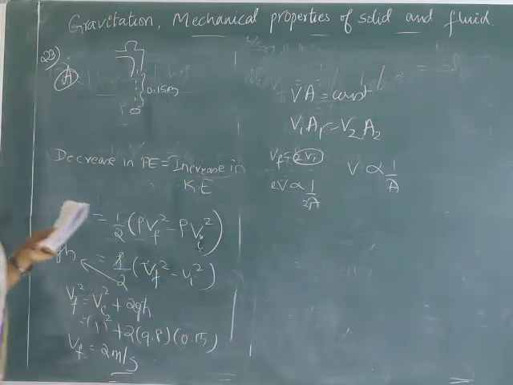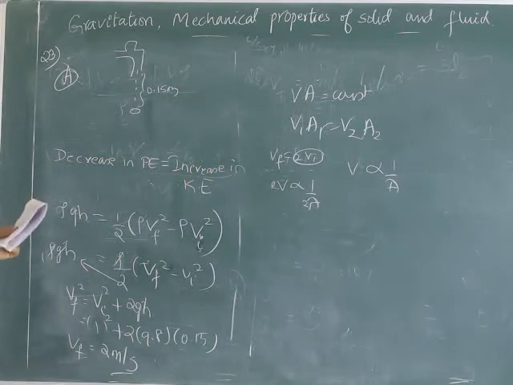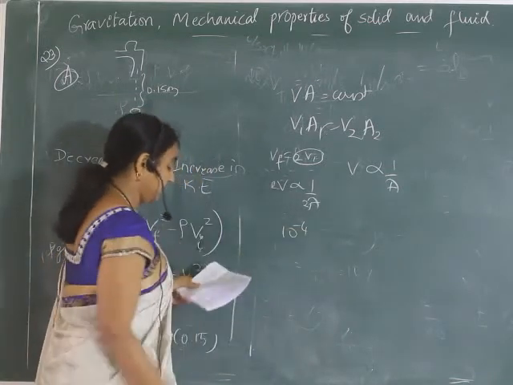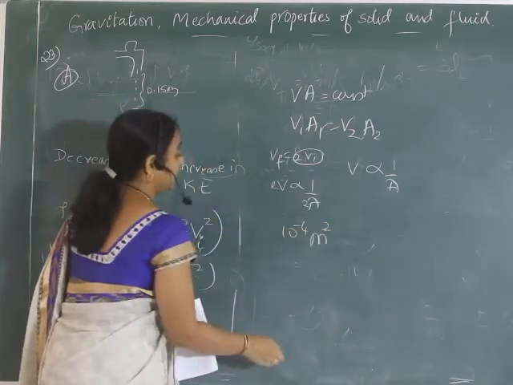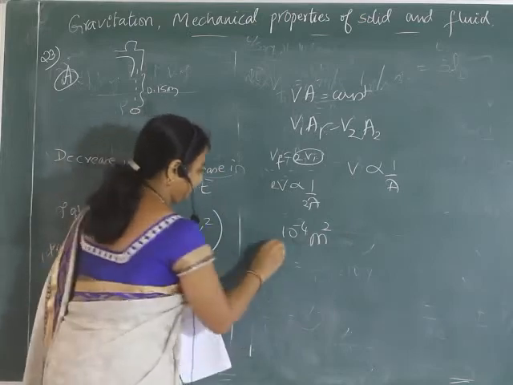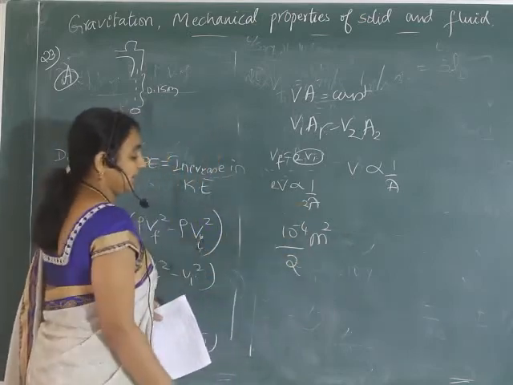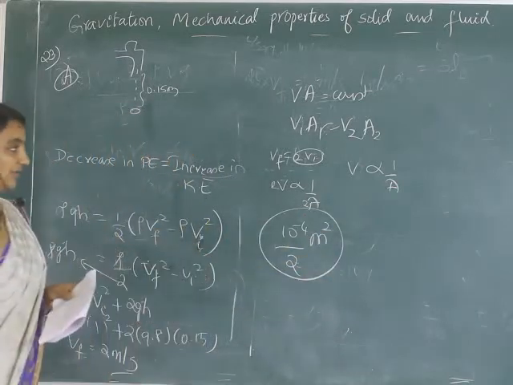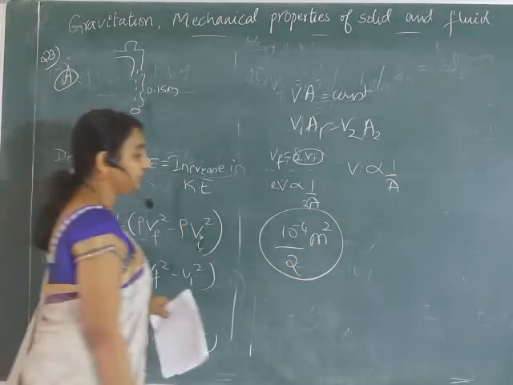So what was the original area they have given? Tap area of cross section is 10 to the power minus 4 meter square. Now it is half of this. Directly, no solving, we can say area is half because velocity is inversely proportional to area.